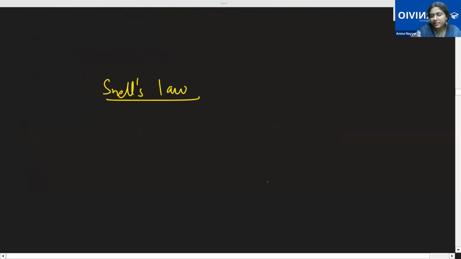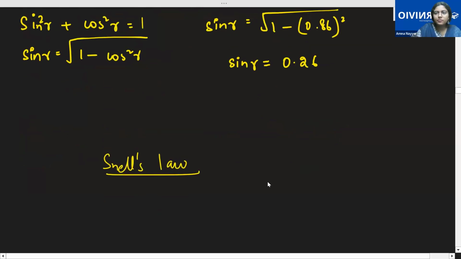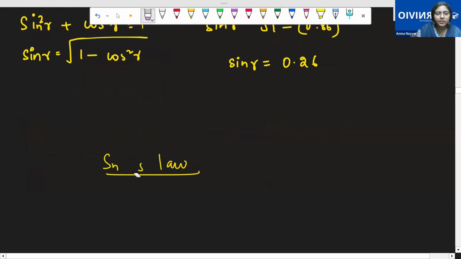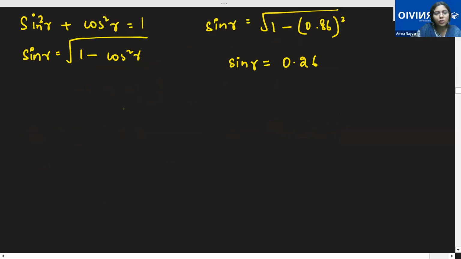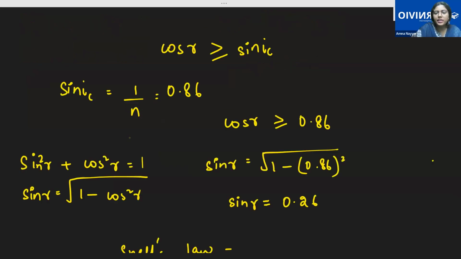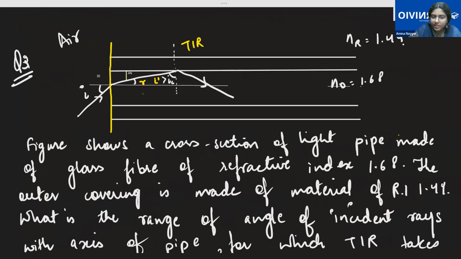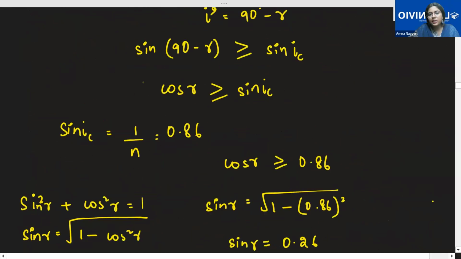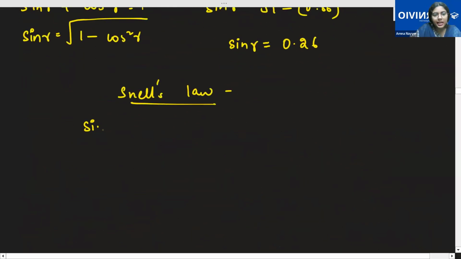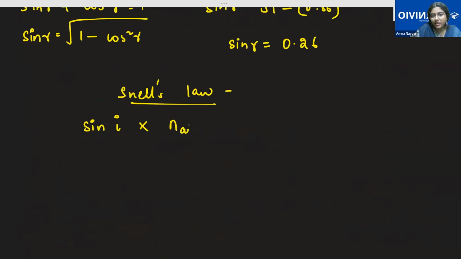Then what do we do? We apply Snell's law. If we apply Snell's law over here, the refractive index of air into the sine of this angle will be equal to the refractive index of this part into sin R. So sin I into refractive index of air is equal to sin R into the refractive index of the denser part.